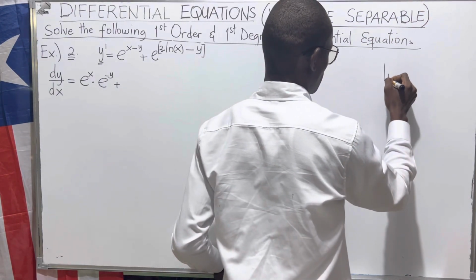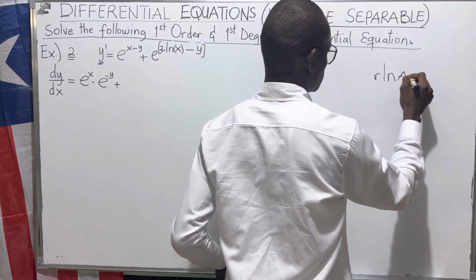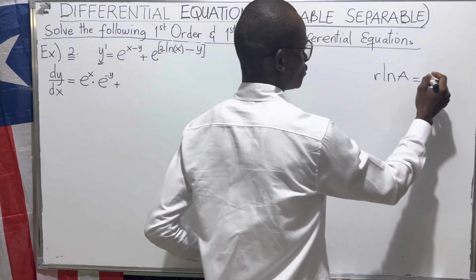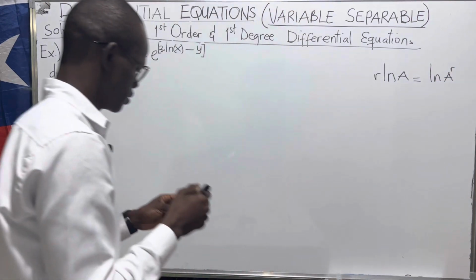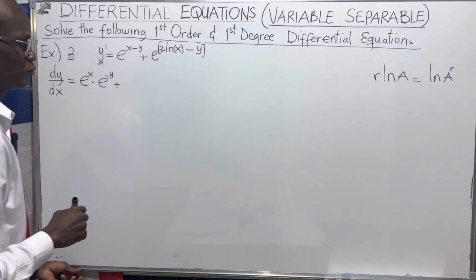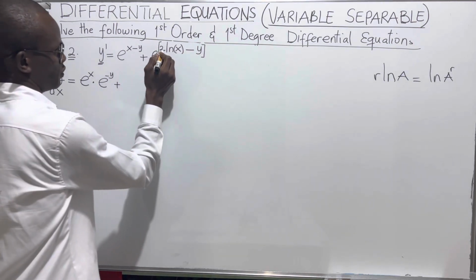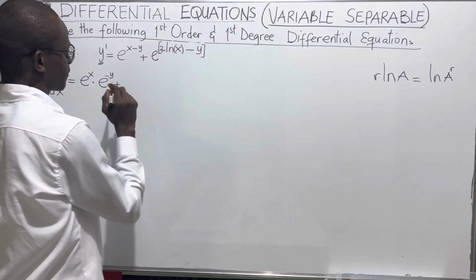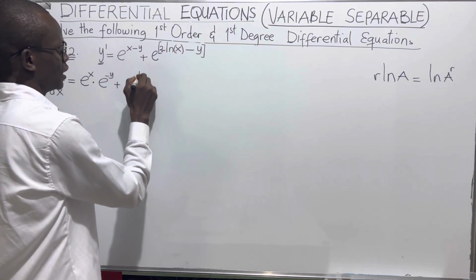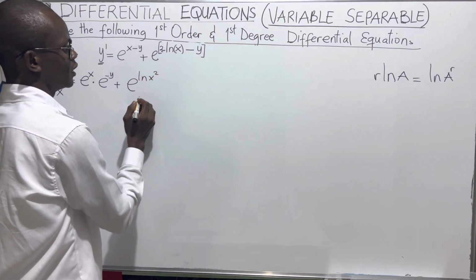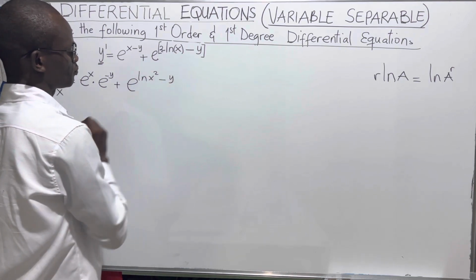Remember the rule for natural logarithm: r ln of a equals ln of a raised to the power r. So we can send this 2 on top of this x, and we will have e raised to the power ln of x squared, now minus y.